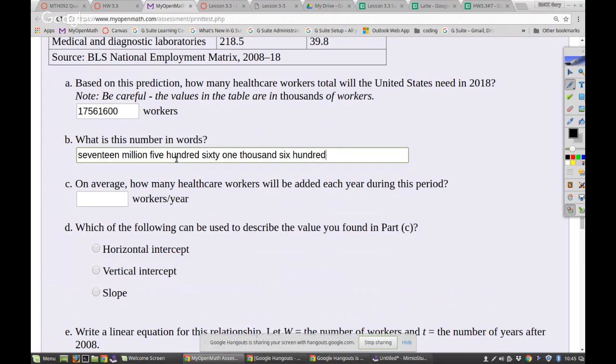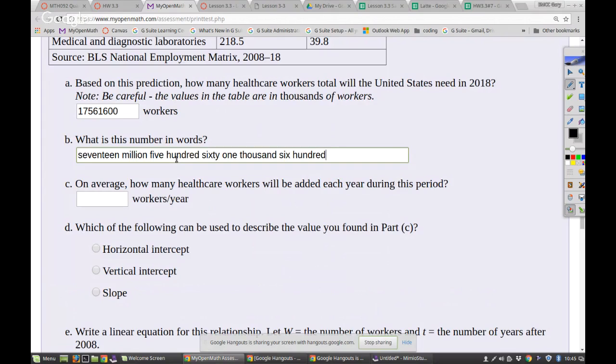All right, on average, how many healthcare workers will be added each year during this period? So first, did 17 million get added over the 10-year period from 2008 to 2018, or is that just how many we ended up with in 2018? That's just how many we ended up with, yeah.